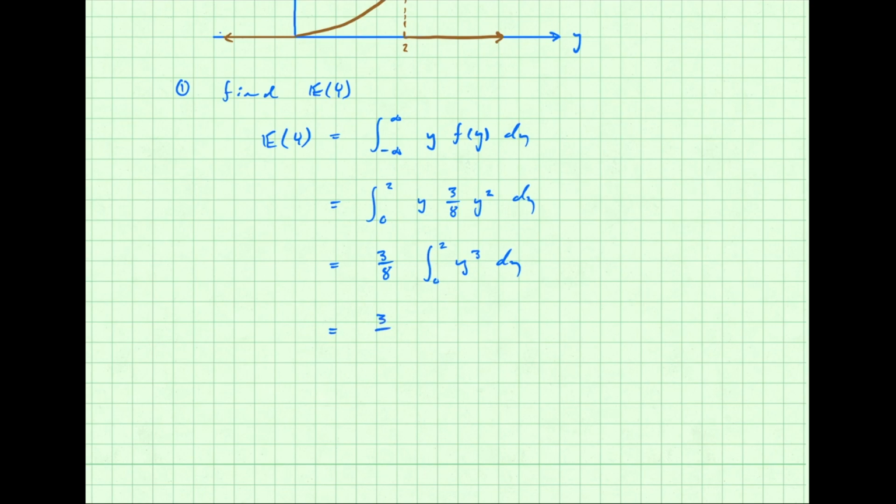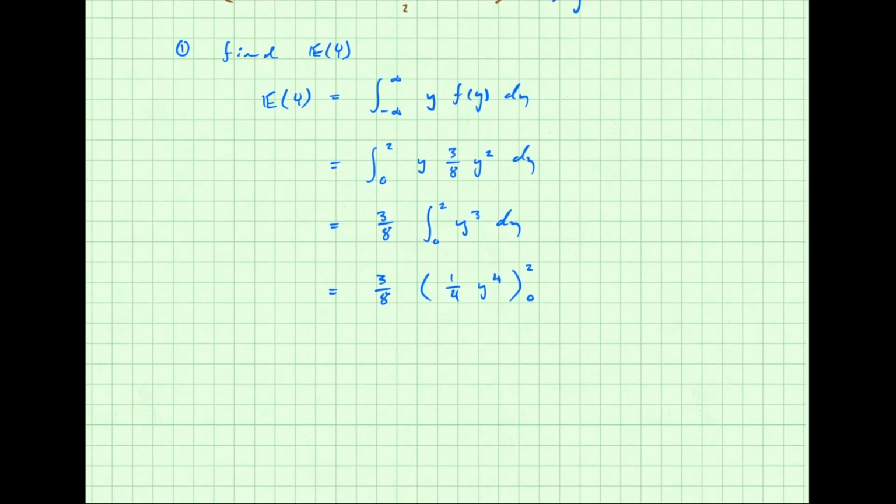So that's 3/8 times 1/4 y to the 4th, and you can check that by differentiating it, from 0 to 2. If you substitute in the 2, you get 16. So 3/8 times 16 over 4, and if you tidy this up a bit, it's 3/2.